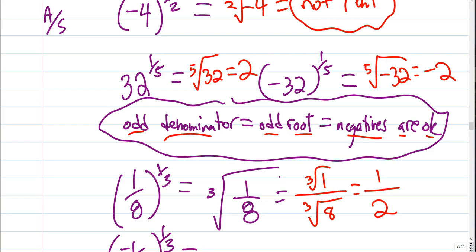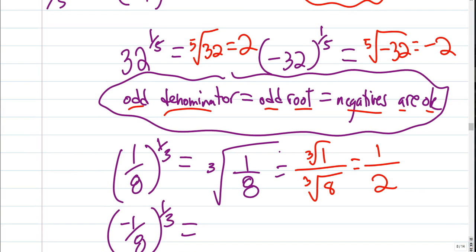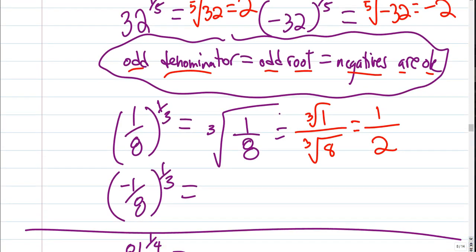And you could check that. 1/2 times 1/2 times 1/2 would be 1/8. What about negative 1/8 to the 1/3? It's still the third root, the denominator is the root, of negative 1/8. Well, we could split it.